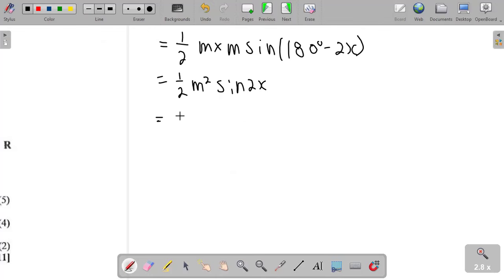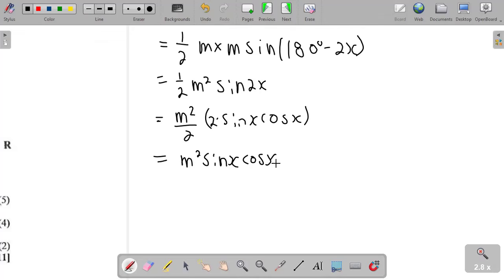So it's equal to M squared over 2, and then 2 sine x cos x. Then the 2 will cancel the 2, and you have M squared sine x cos x. Yes, so this is it in terms of x and M.